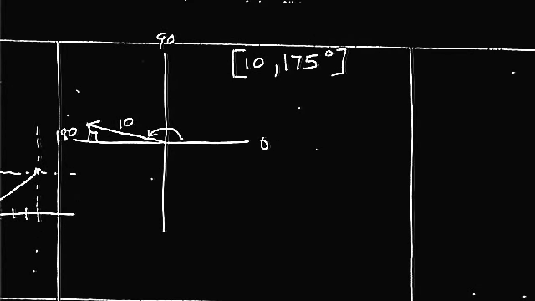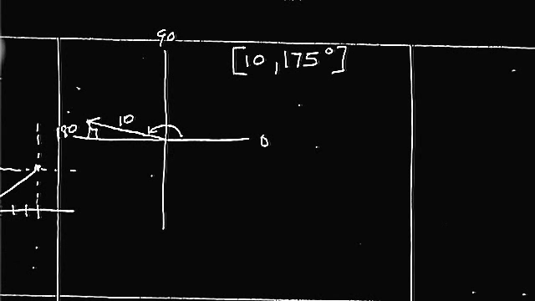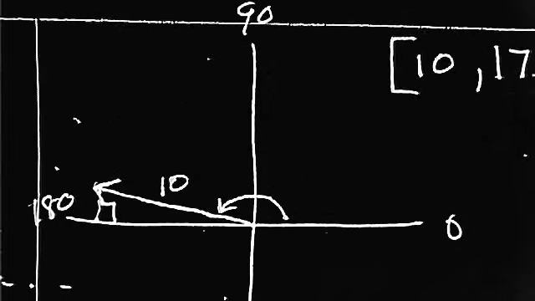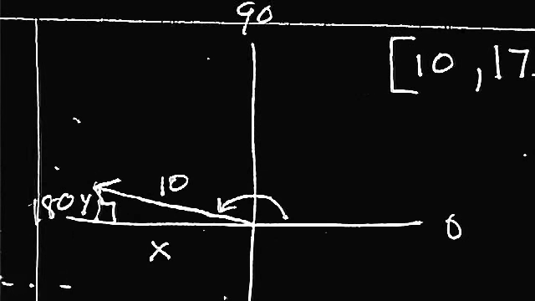Okay, and I may ask you for the component form. Well, in this case, keep in mind you have this small triangle that you're trying to use. And you're trying to find x, and you're trying to find y. The picture helps me know, when I look at this, that x is negative because it goes to the left.